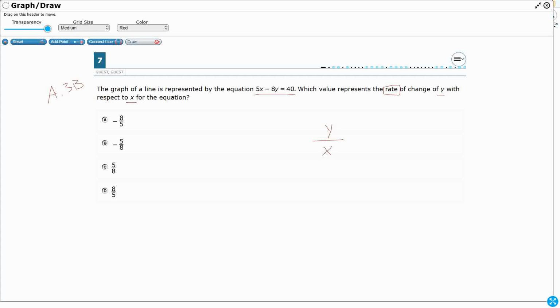So that means what I want to do is figure out what is y with respect to x. Now, what do we know that also represents the rate of y over x? Well, that is our m. So really, this is a roundabout way of asking for our slope.